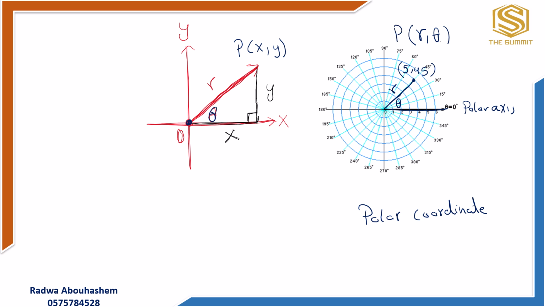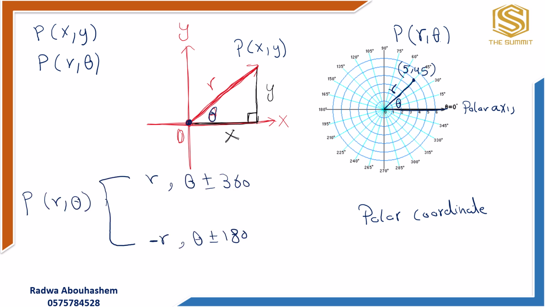The r is the distance from the origin point, and the theta is the angle which the vector makes with the polar axis or the x-axis. So I could represent the point by x and y, or I could represent it by r and theta in the polar coordinate. And of course, you have many representations for the polar point here.